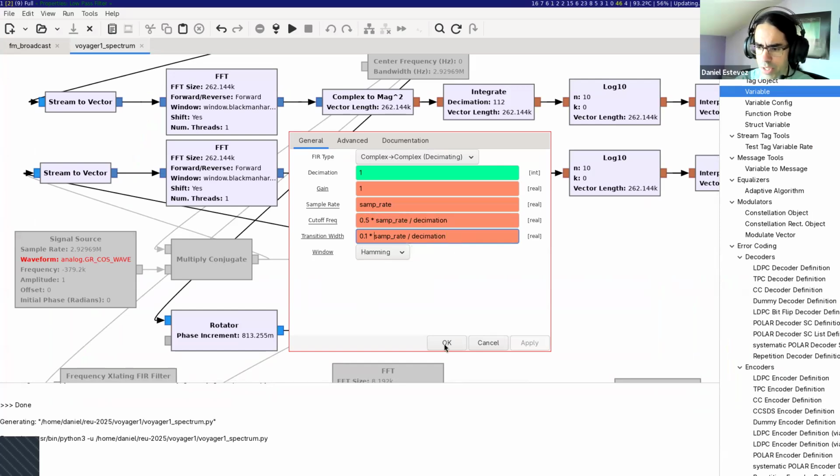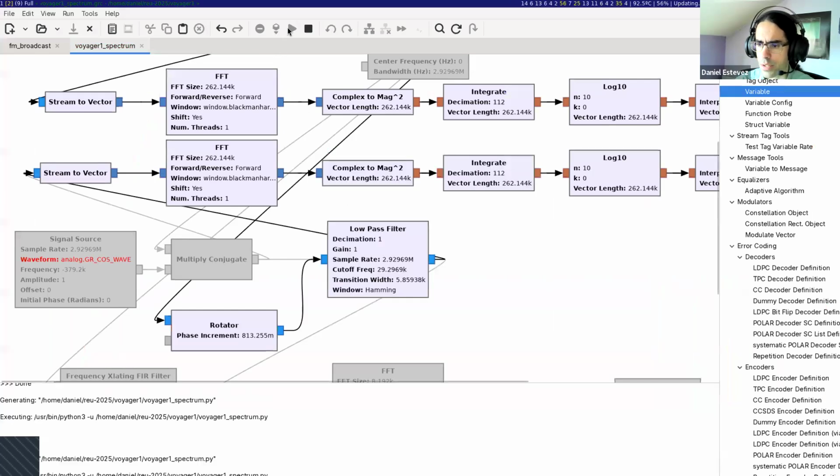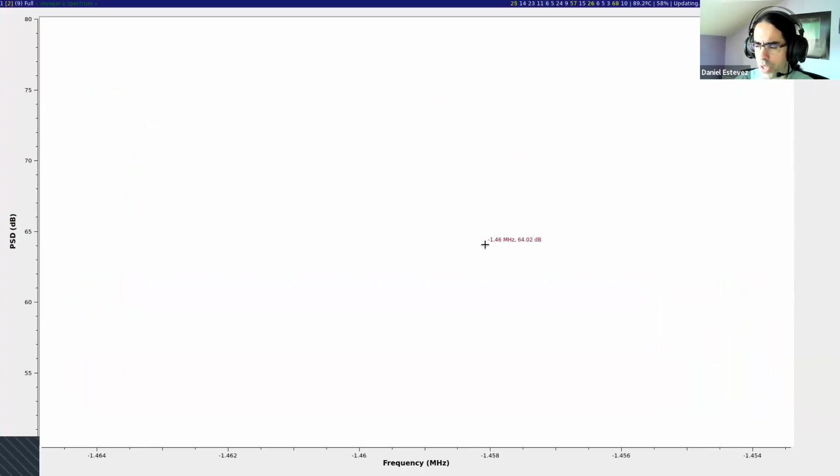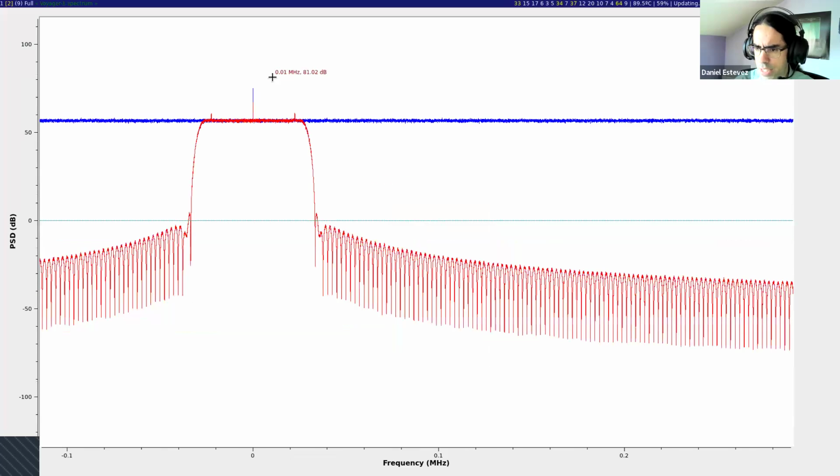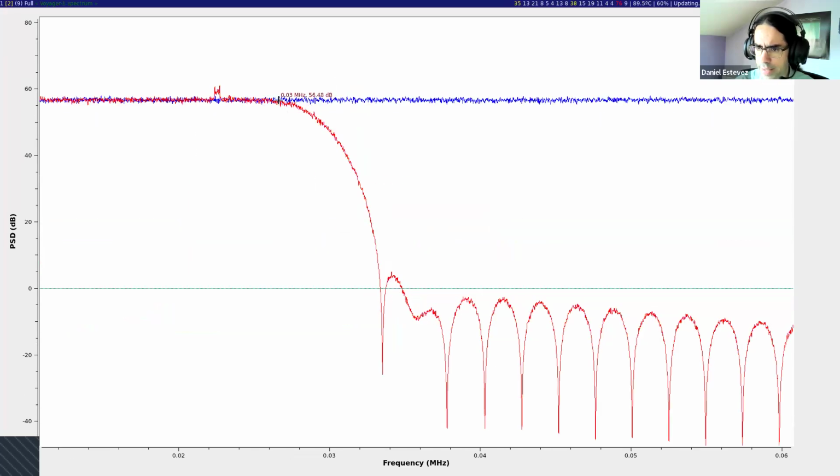Transition width, or transition bandwidth, it's sometimes called. What is that? So you can see, if I zoom in closely, this filter does not go immediately from the pass band, which is this part, to the stop band, which is this part. It has a transition.